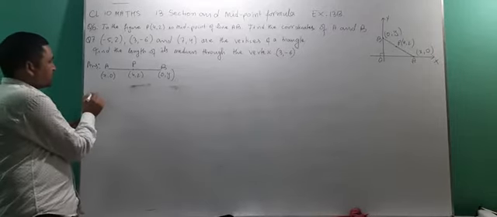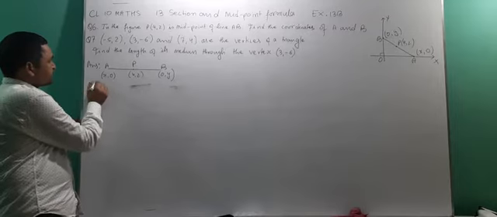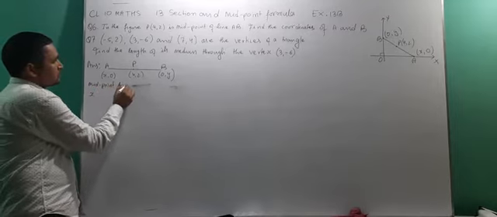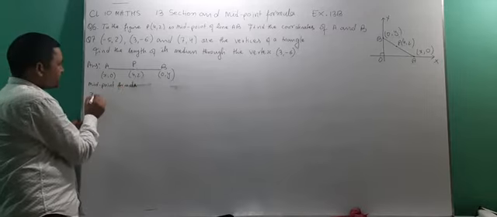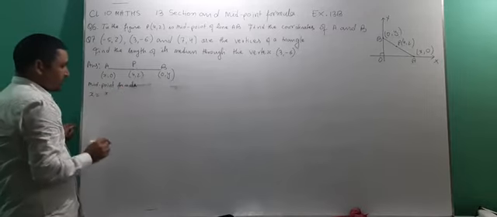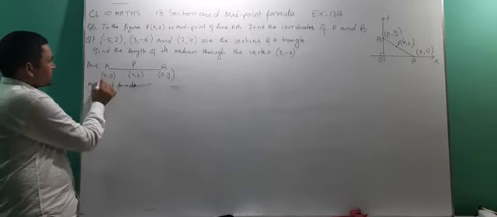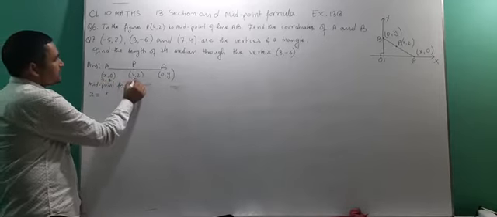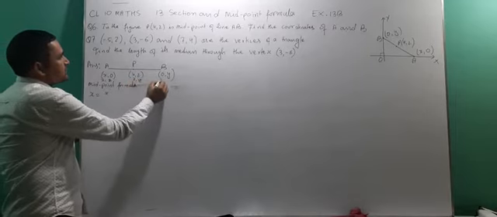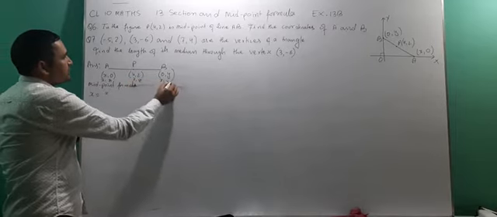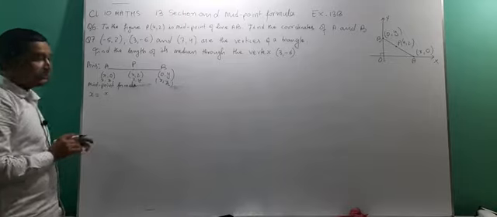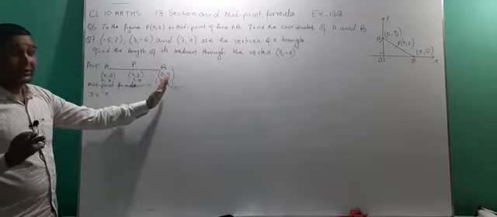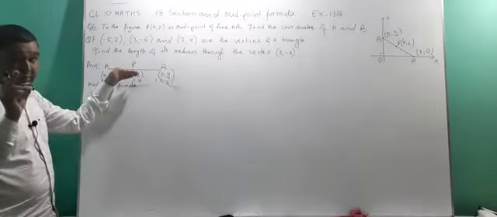Now the midpoint formula. Don't forget to mark this first point as x1, y1, the middle point as x, y, and the last point as x2, y2. Remember while marking, the first point is always x1, y1, the last point x2, y2, and the middle point is always x, y.